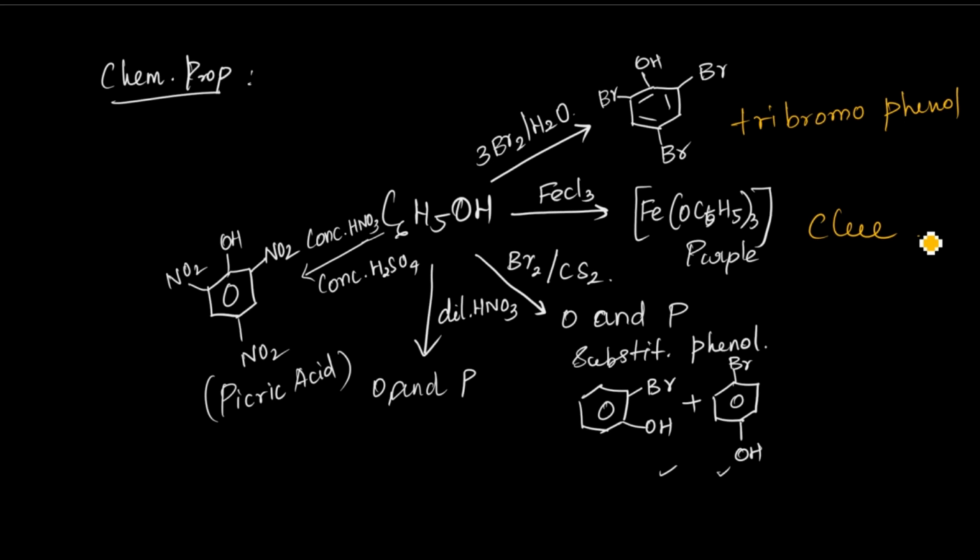Okay. Then phenol with dilute HNO3, again that will give ortho and para substituted product. And the question can be asked from here as well, picric acid. This is not having any carboxylic acid functional group, but still the name is picric acid. Okay. This is also known as 2,4,6 trinitrophenol. Okay.